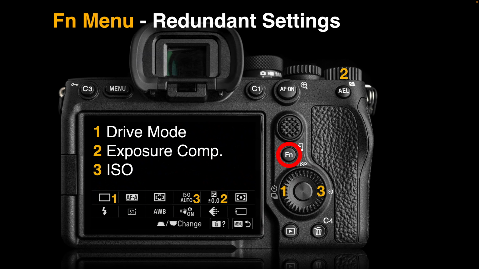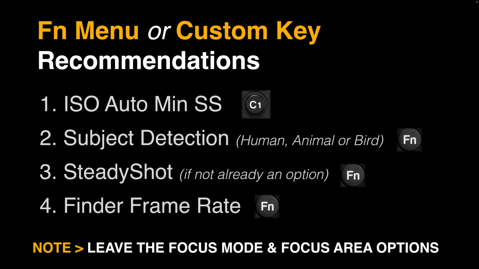If you've got an Alpha 9 or Alpha 1 camera, you'll have a physical dial on the top left side of the camera. We can access ISO by pressing the right side of the control wheel. We can control exposure compensation by moving the exposure compensation dial. Now if you're working with one of the APS-C cameras, exposure compensation will be accessed by pressing the down button on that control.